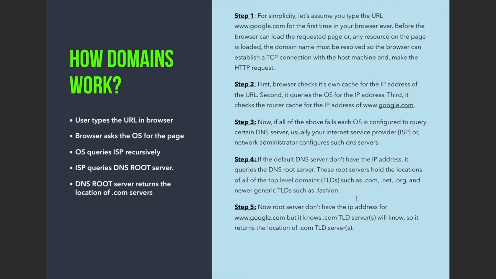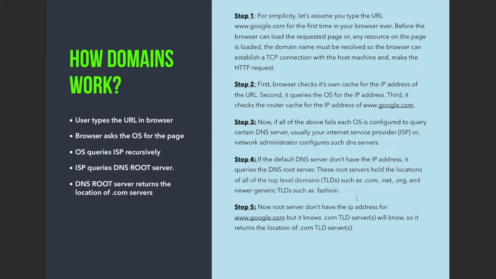Now that we have an idea what domains are, we will try to see how they work overall in simple 8 steps. For simplicity's sake, let's assume we have a domain that we are typing in our browser. We have never used this before. So the browser and all the systems in between don't know about this particular domain name we are trying to look up.